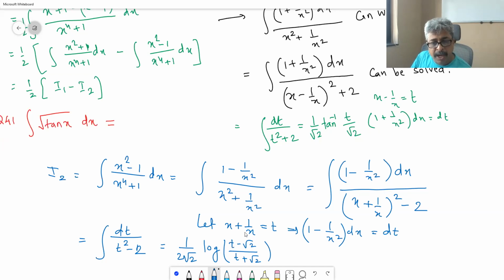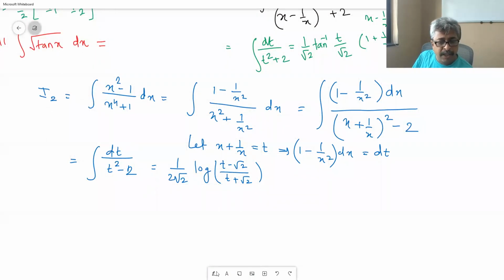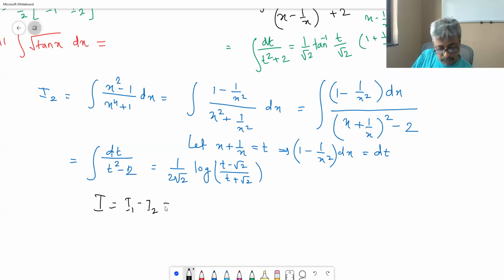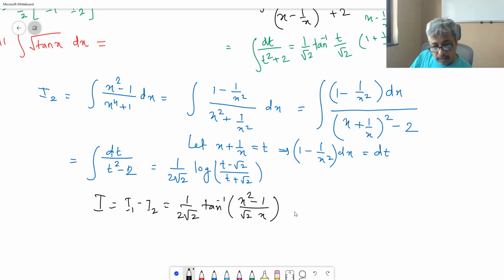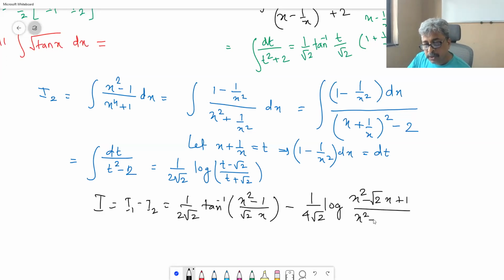Okay, if you replace t by this expression, your answer is ready for I2, and therefore the final answer for I1 minus I2 is I is equal to 1 upon 2 root 2 tan inverse x square minus 1 upon root 2x minus 1 upon 4 root 2 log x square minus root 2x plus 1 upon x square plus root 2x plus 1 plus c. This is what is your answer.